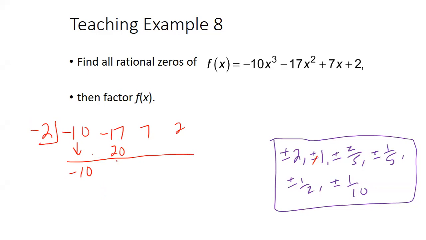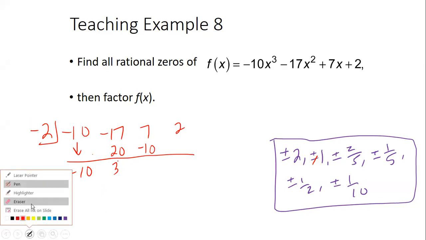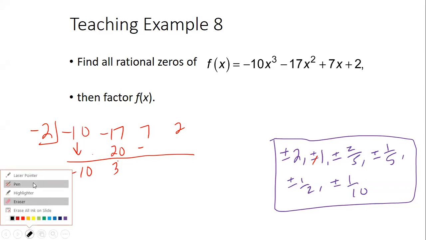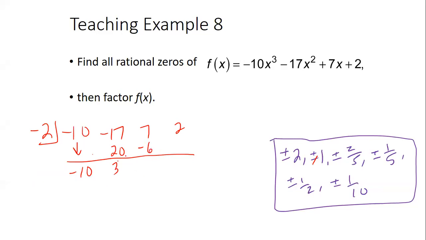Negative 17 plus 20 is 3. Negative 2 times 3 is negative 6. I said negative 10 at first, and y'all were just going, that's not math. I just rewrote what I saw. Negative 6. 7 minus 6 is 1. Negative 2 times 1 is negative 2, and this gives us 0.